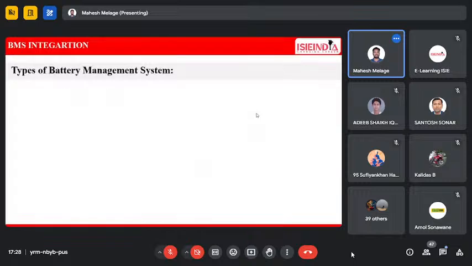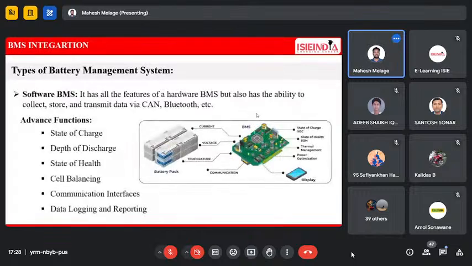The software BMS is used to provide data. Both hardware and software BMS provide protection, but the software BMS provides data using CAN communication and Bluetooth. It also continuously monitors and gives data to the consumer for different functions like state of charge, state of discharge, state of health, cell balancing, communication interfacing, and data logging and reporting.